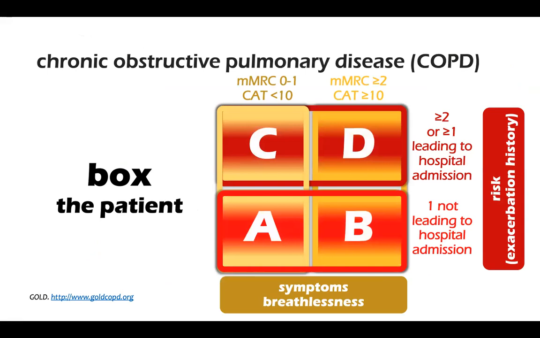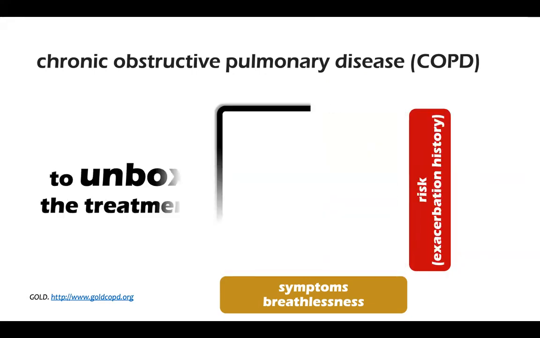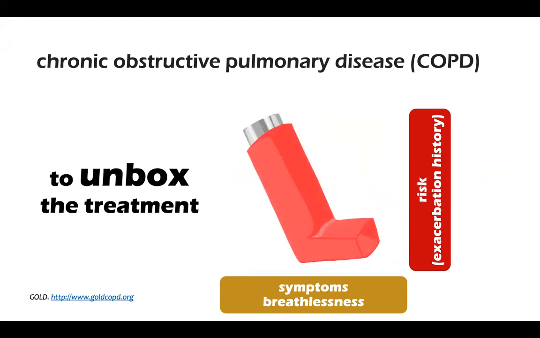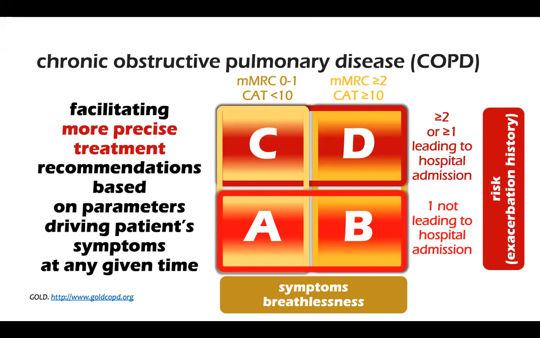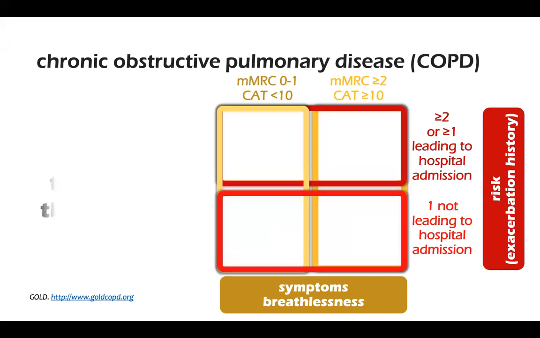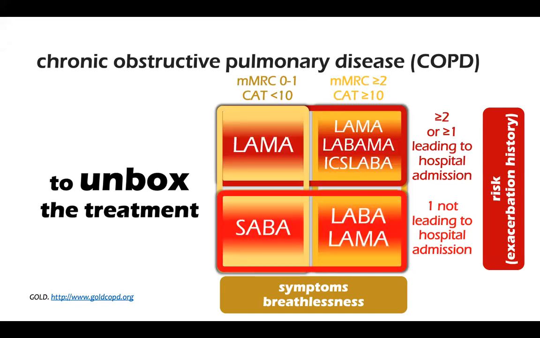So when we box our patient, there will be either A, B, C, or D. It doesn't matter which, because at the end of the day, this will allow us to get the treatment that is most precise for our patient. Currently, if we go by the GOLD standard, a chronic stable COPD patient in group A will get SABA only.